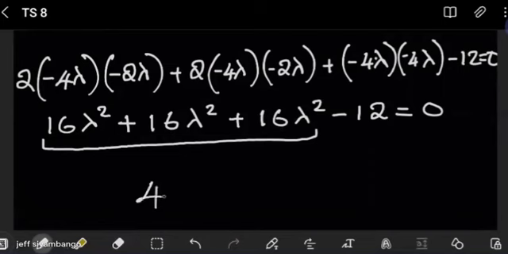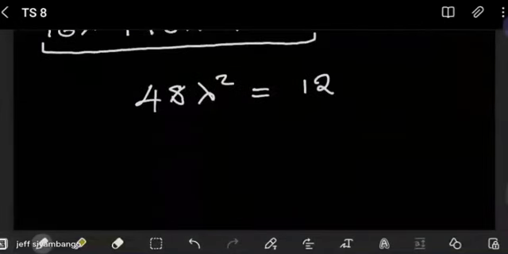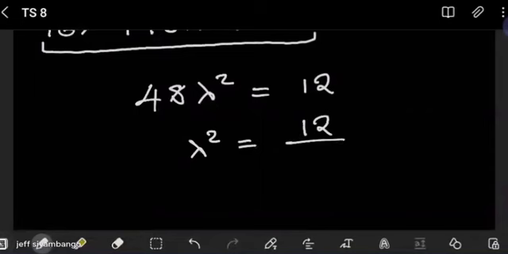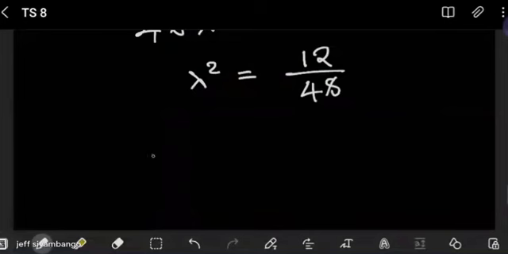So we now have 48 lambda squared equal to 12. And we get lambda squared is equal to 12 divided by 48, which is 1 over 4.